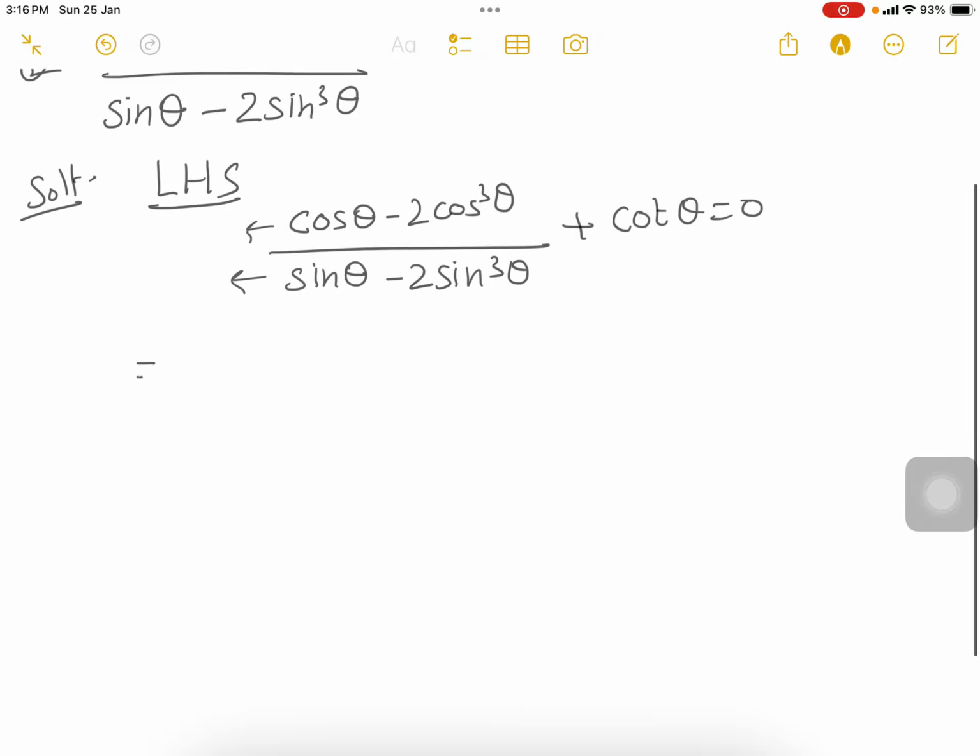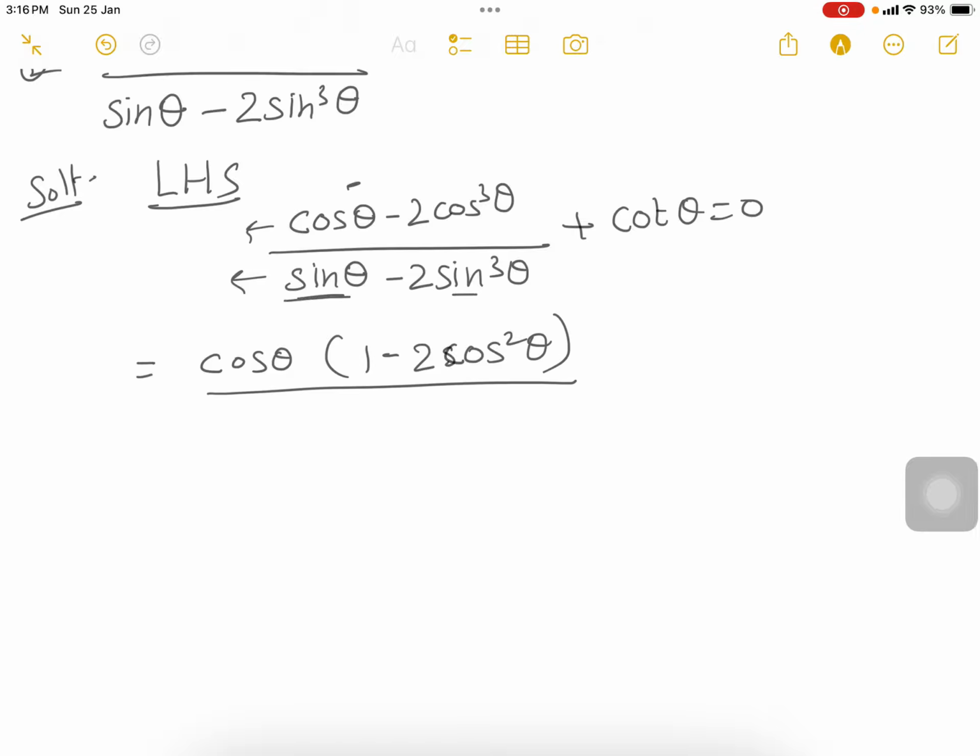Let's see what we will get. If I take common cos theta in the numerator, we are left with 1 minus 2 cos square theta. From the denominator I am taking sin theta common, so the first term will be 1 only, 1 minus 2 sin square theta plus cot theta.